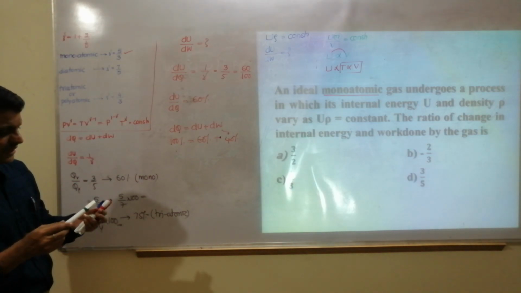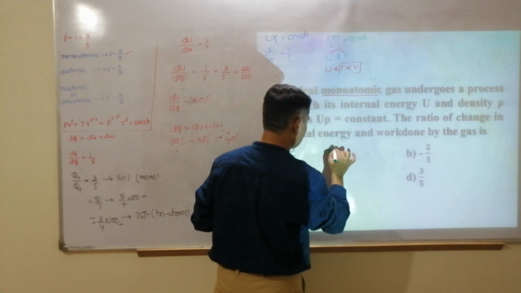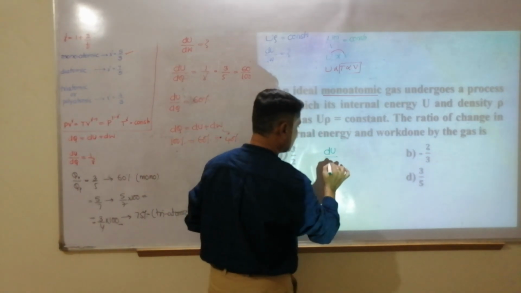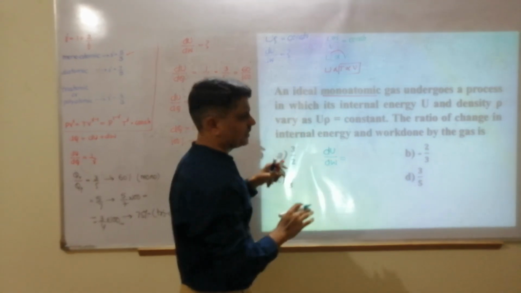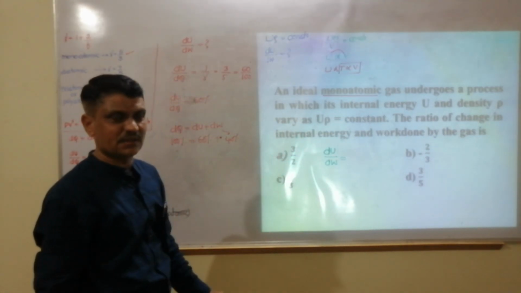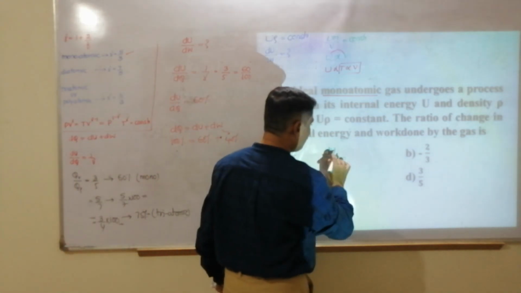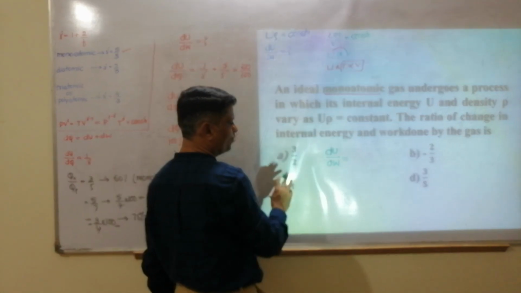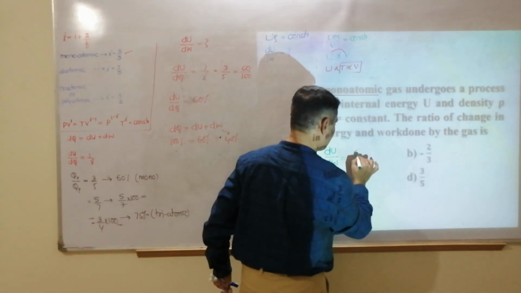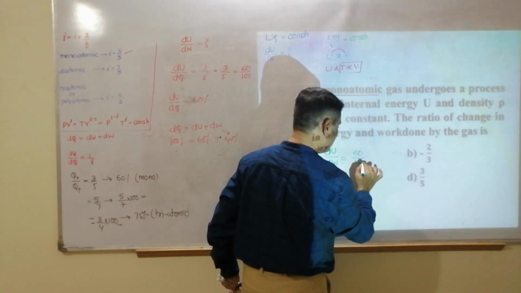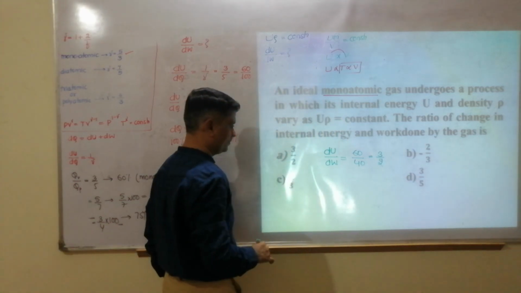No need to do all this much; directly I am going by the prediction method. So change in internal energy is 60% and work done is 40%, so the ratio is 3 by 2.